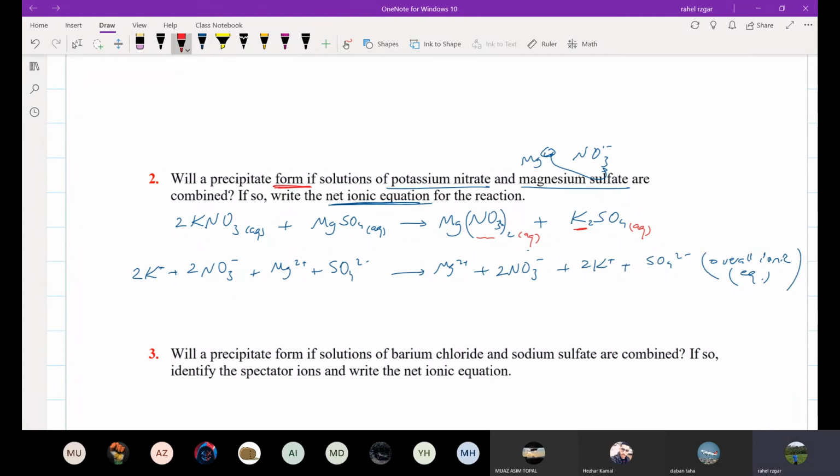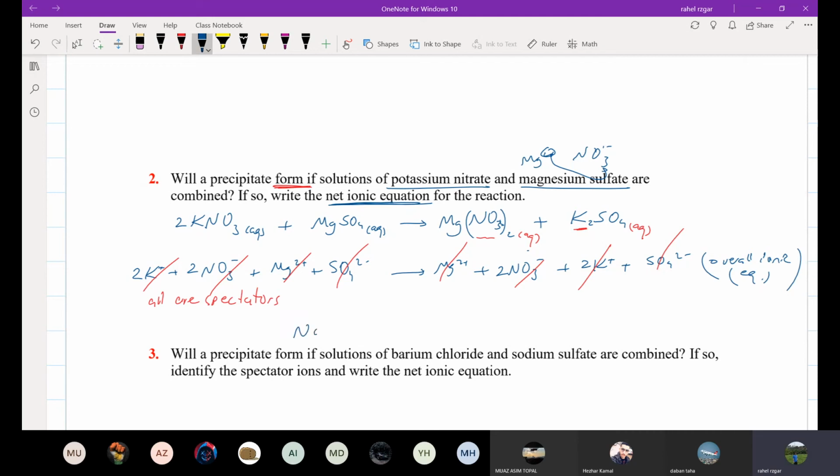Which things are spectator ions? K and K, NO3 and NO3, Mg and Mg, SO4 and SO4. Everything can be cancelled. So all of them are spectators. None of them will react. Then what would you say for the net ionic equation?